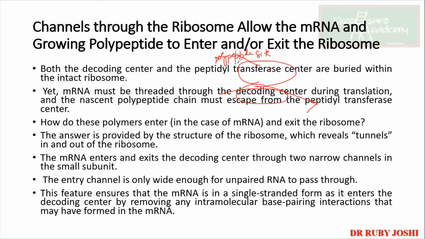Okay, so once you have this 3D structure of the protein, then it becomes easy to understand कि कहाँ पे वो channel या tunnel present है जहाँ से आपका mRNA हो गया हो या polypeptide chain हो गया हो, it can be removed.